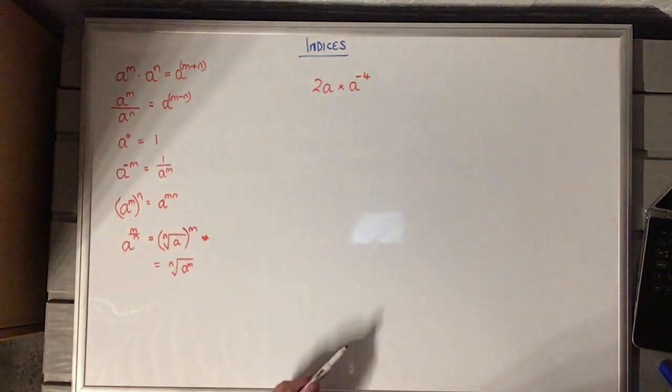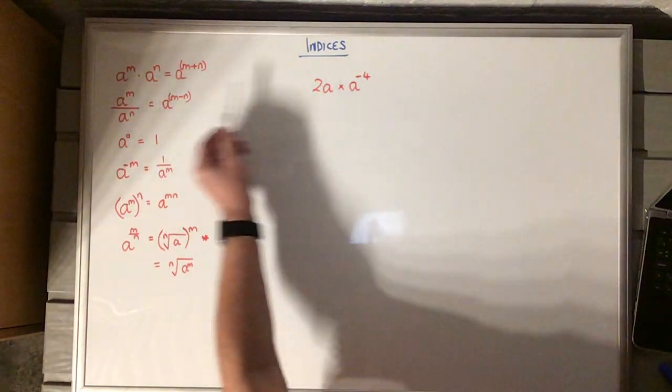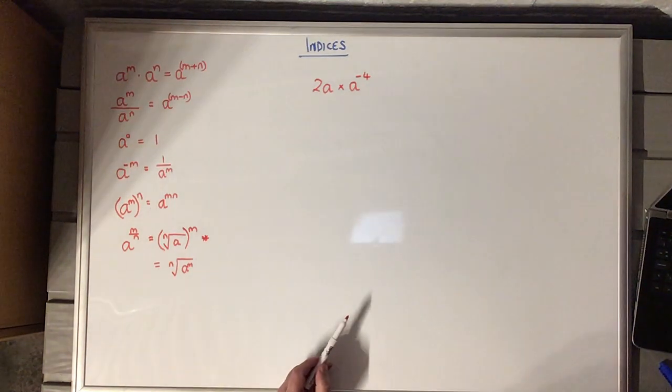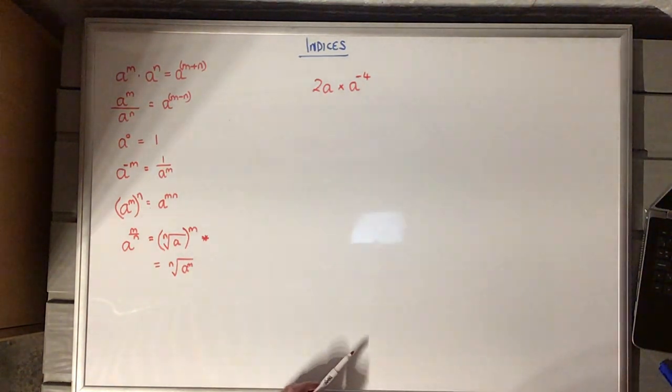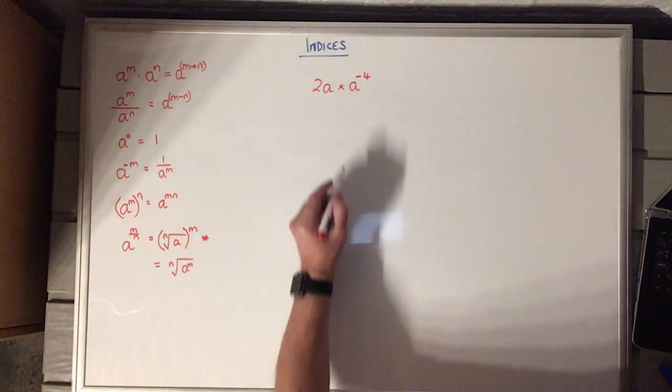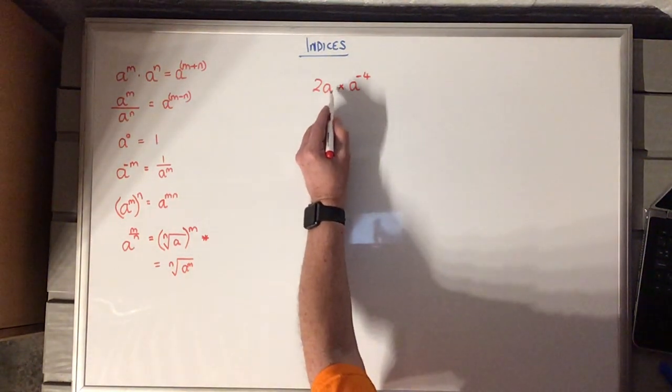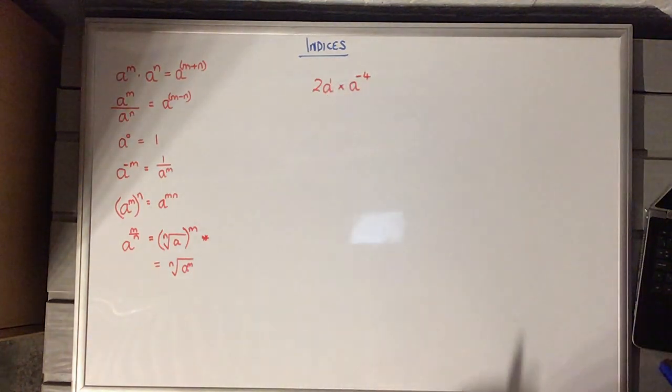We don't tend to put a times in, although I put a times here. The wee dot represents a times in mathematics when you get onto the higher levels, because the times symbol looks like an X and it can cause confusion. So how do we work this out then? Well, that a in 2a is actually a to the power 1 that you never write in, but you've got to know that that's a to the power 1.